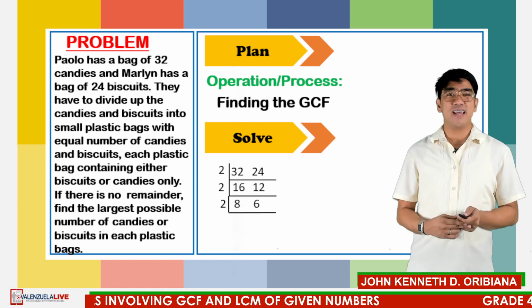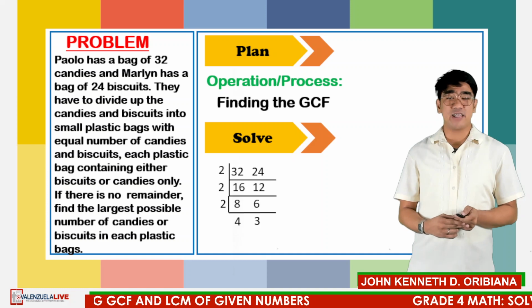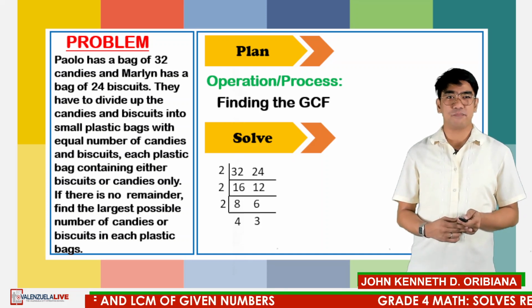So let us divide 8 by 2, which is 4, and then 6 divided by 2, which is 3.